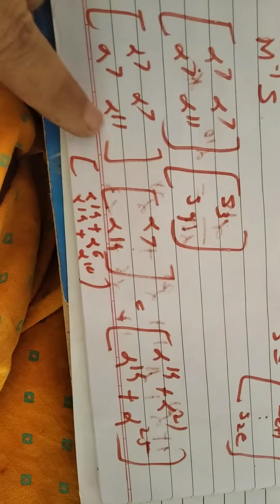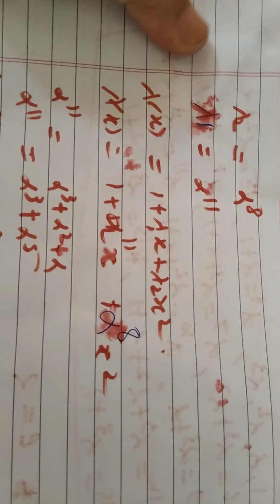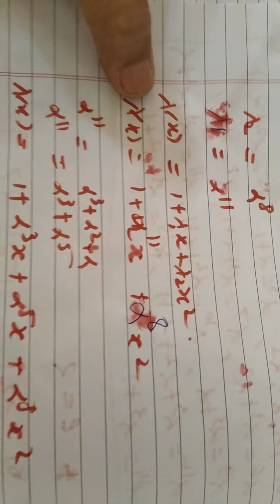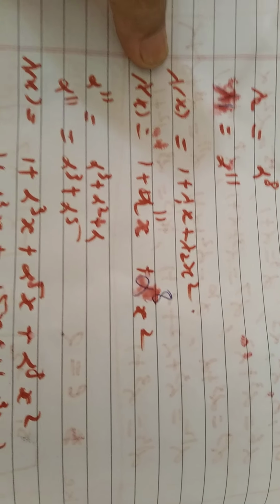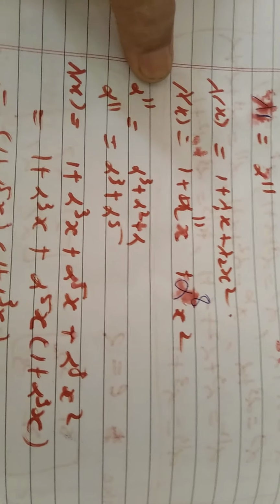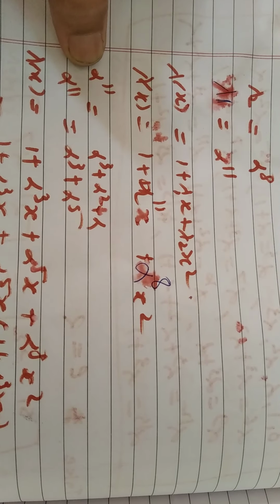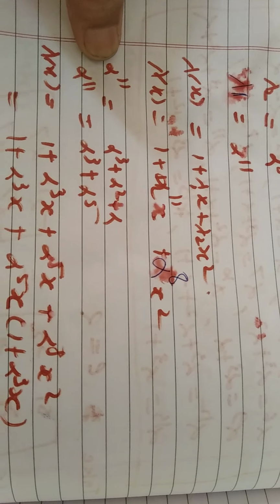Now again you have to use these values from this table and do the simplification, and you will get lambda 2 as alpha raised to 8 and lambda 1 as alpha raised to 11. Then lambda x is equal to 1 plus lambda 1 x plus lambda 2 x square. So lambda x is equal to 1 plus alpha raised to 11 x plus alpha raised to 8 x square.